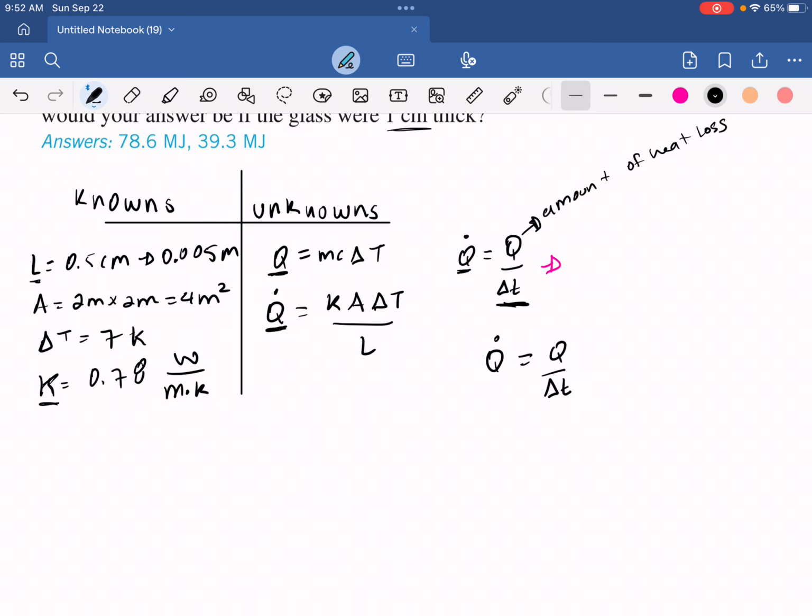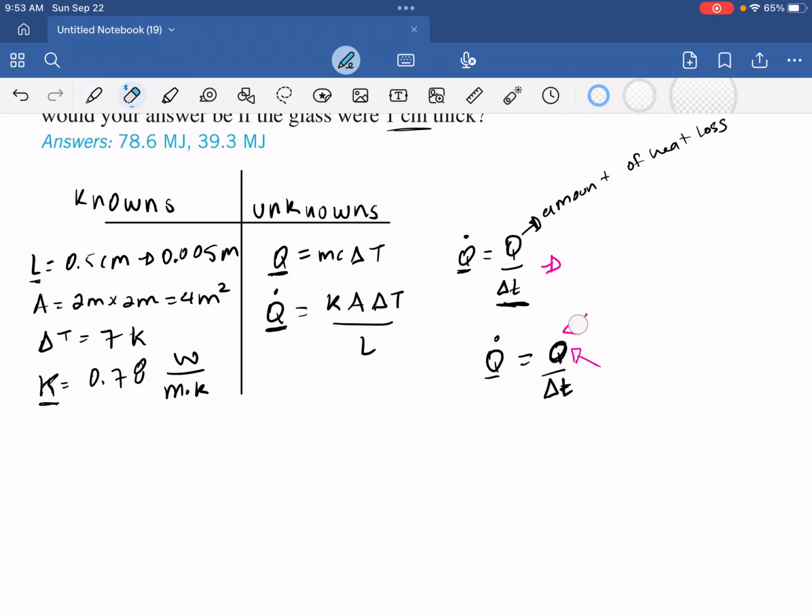Again, rate of energy transfer equals the amount of heat loss over time. I want to isolate this one. I want to leave it by itself.